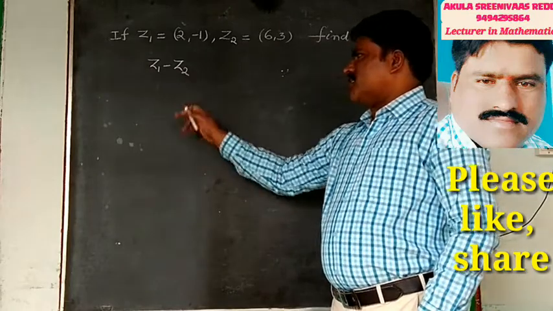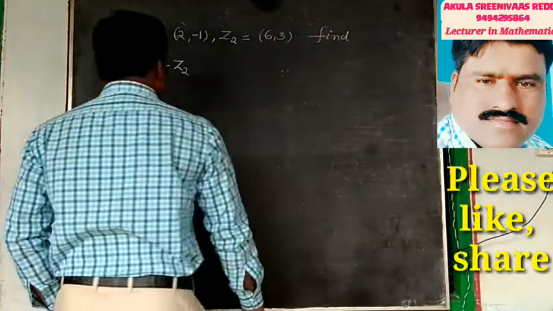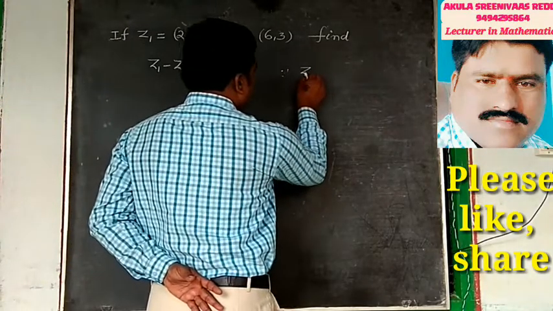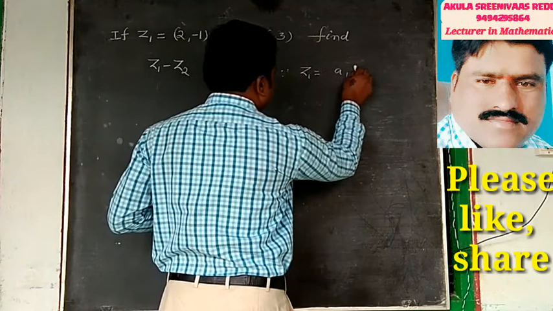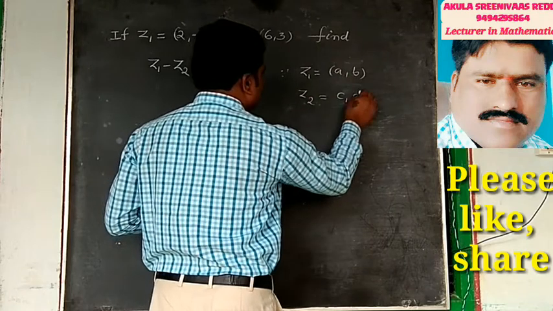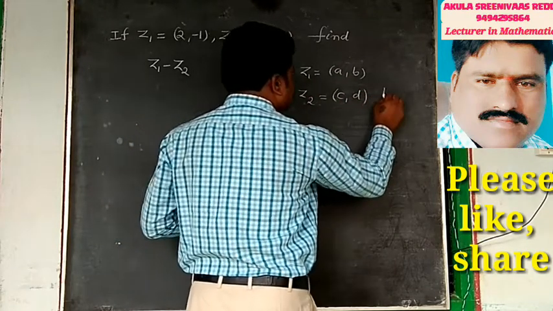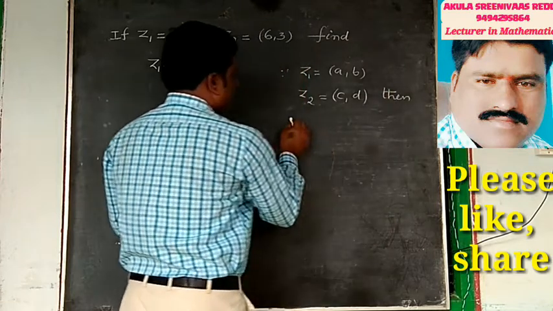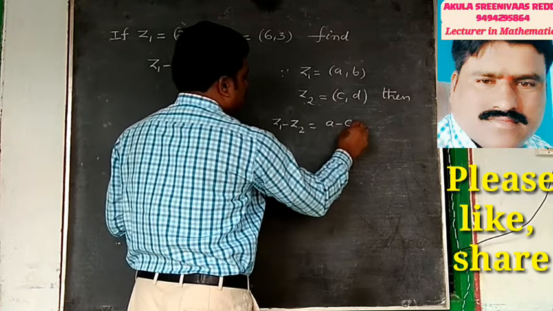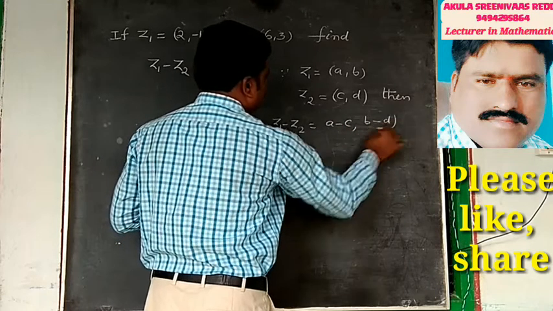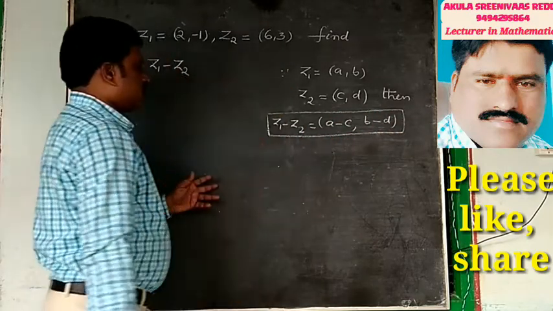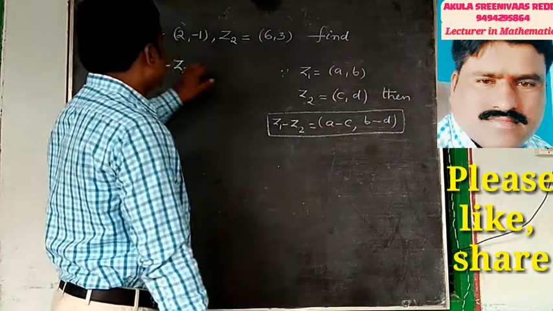In a previous video we already discussed: Z1 is equal to A comma B and Z2 is equal to C comma D. Then Z1 minus Z2 is equal to A minus C comma B minus D. This is the formula. We apply this formula here.